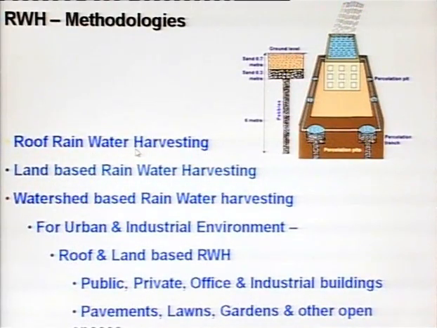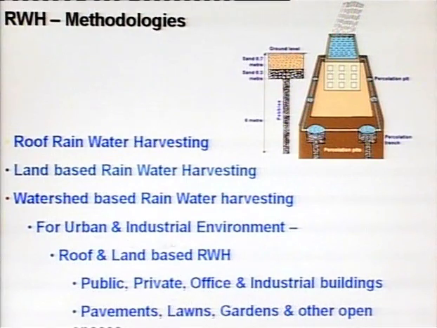What is the methodology of rainwater harvesting? First, you see in the pictures the rainwater coming on the top, and this rainwater passes through pipes and goes down into big containers or big pits. The methodologies are roof rainwater harvesting, land based rainwater harvesting, and watershed based rainwater harvesting.